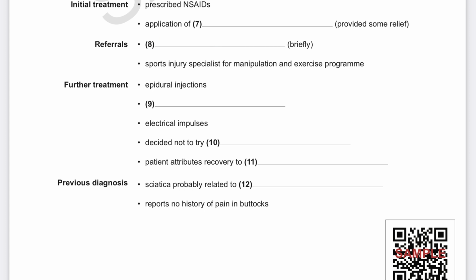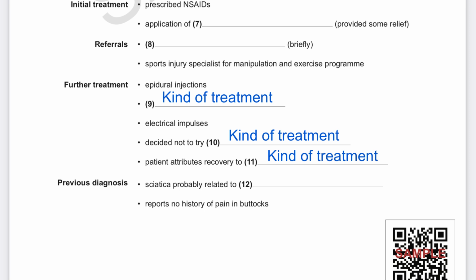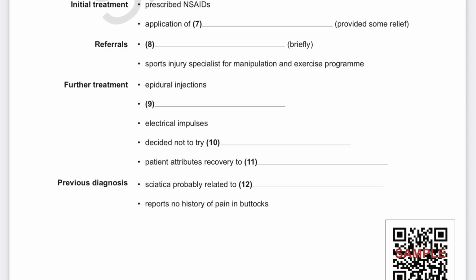And number 9 to 11 are all under further treatment. So I think the 3 words or phrases could be different kinds of treatment. In number 12, sciatica probably related to. So this could be another kind of disease or illness. Remember, you have to read and predict fast as you only have 30 seconds to do this.